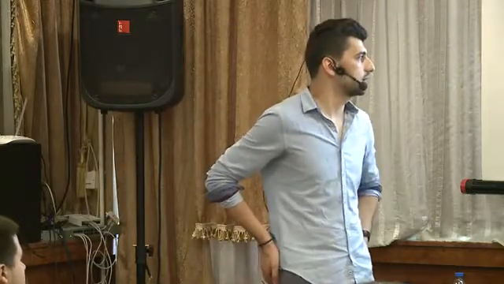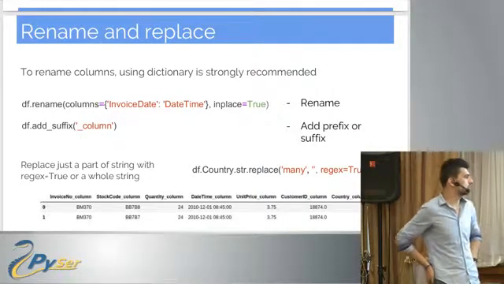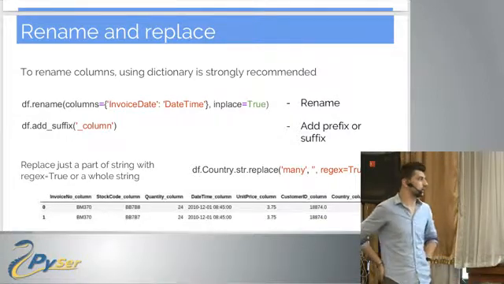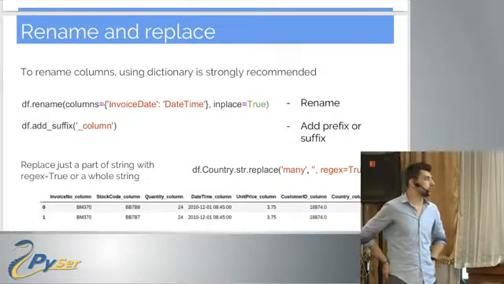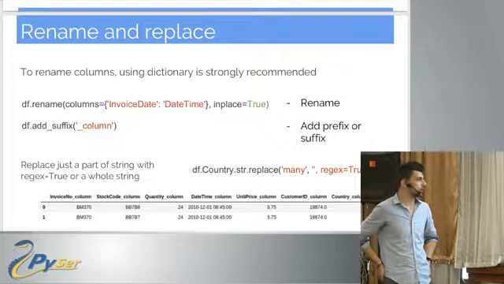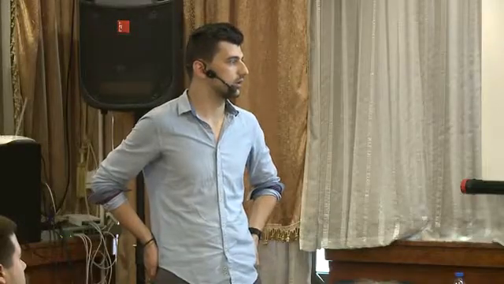If regex is true, in this case we'll replace "many" with an empty string, so it will basically delete "many" from any string found in that column. But if we put regex equal false, nothing will change here, because there is no country "many".